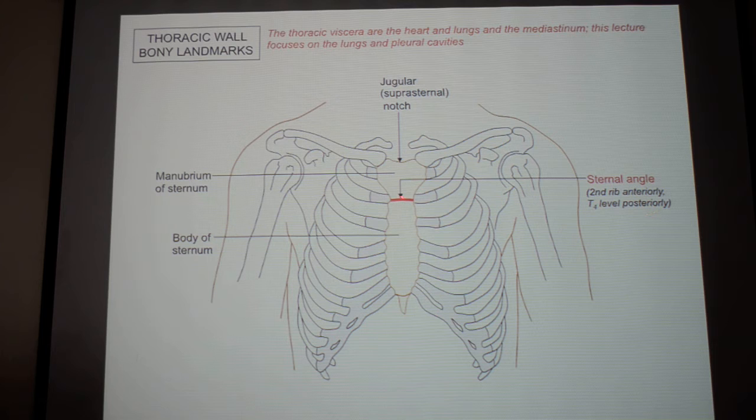So posteriorly, if we draw a line, we reach the T4 level. If we have a horizontal line going within the body from this place backwards towards the vertebral column, that will cut at the T4 level posteriorly.